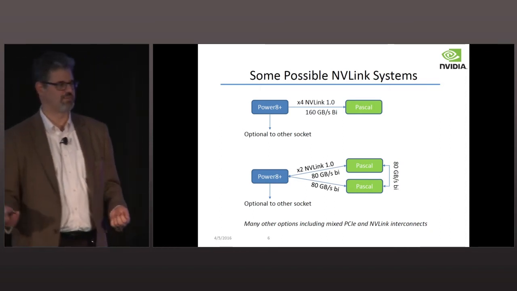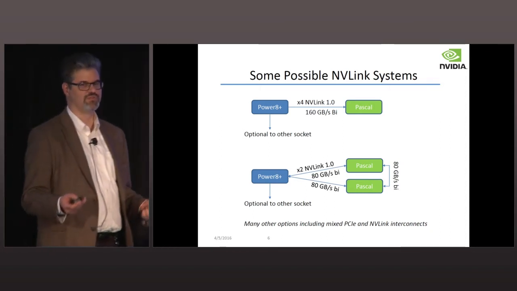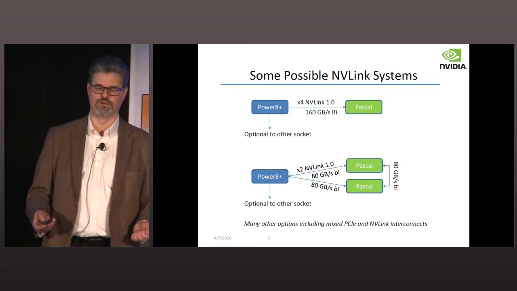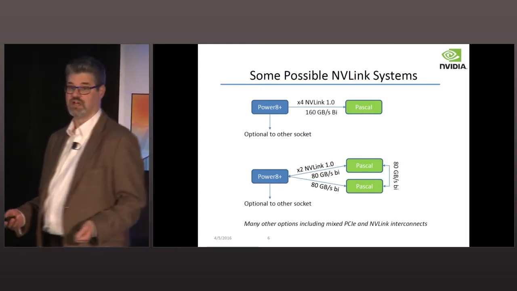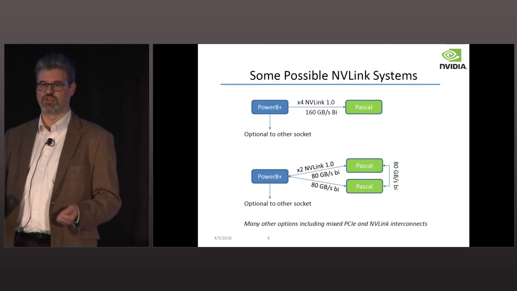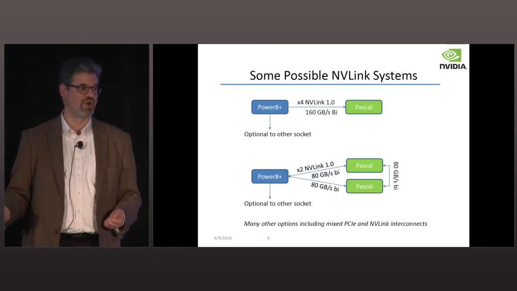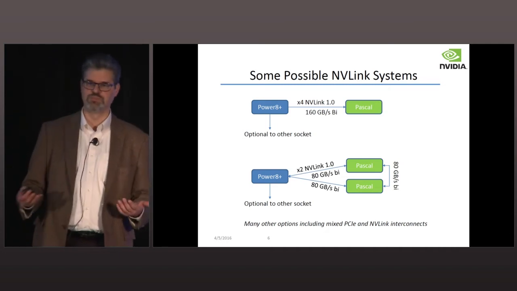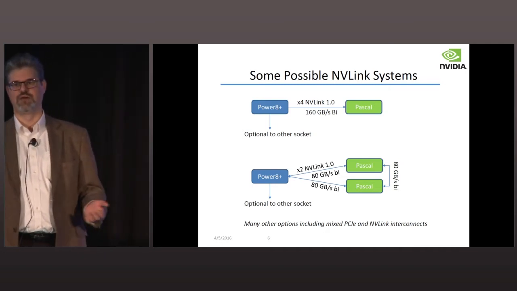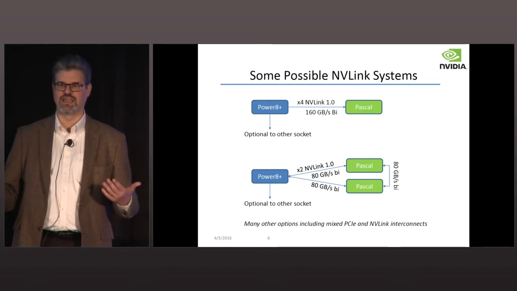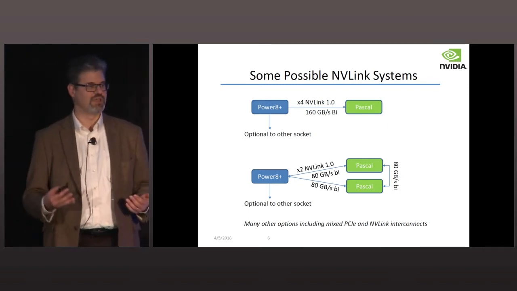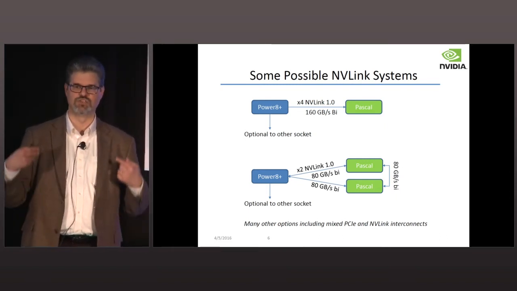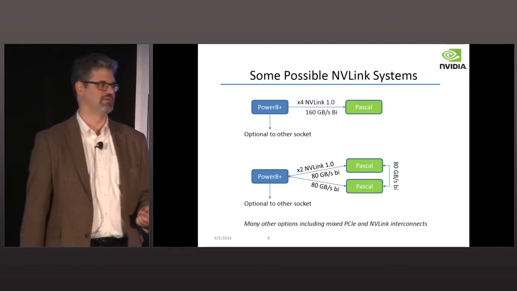This is an incredible amount of bandwidth for the CPU and the GPU to be able to share. And what that really does is that lets us get the right data onto the right part of the compute platform at the right time. This helps us help you fight Amdahl's law. You still can't get around that speed limit, but we can let you move things more easily to the right place to run it optimally.